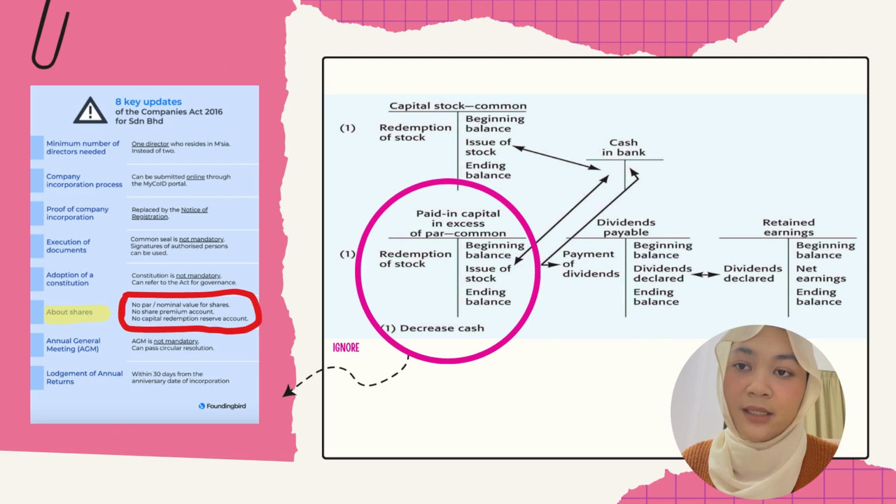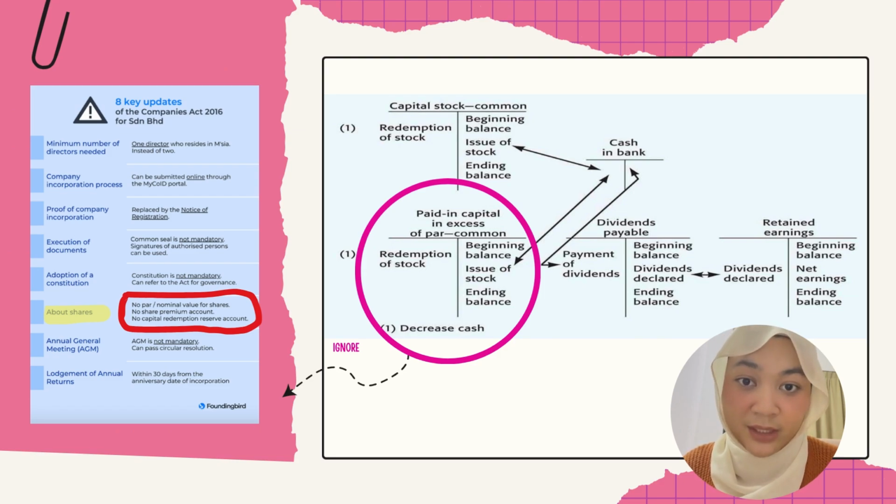Okay, next slide is about the 8 key updates of the Companies Act 2016 for Sdn Berhad companies. There are 8 key updates, which are minimum number of directors needed, company incorporation process, proof of company incorporation, execution of documents, adoption of a constitution, shares, annual general meeting, and lastly lodgement of annual returns.